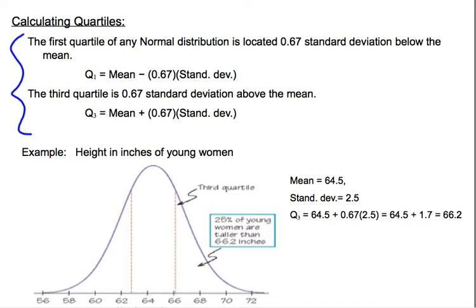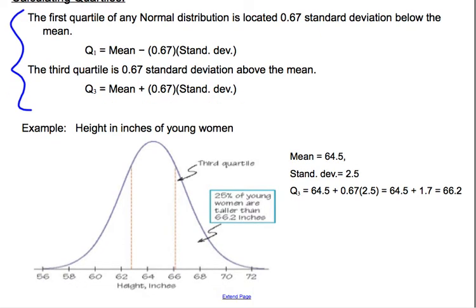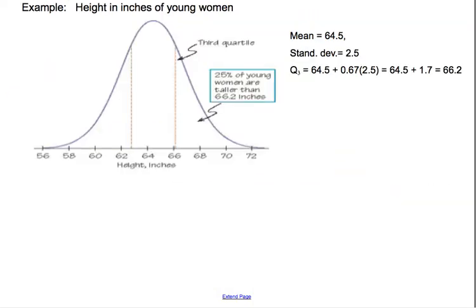Here's an example of height of women, and we notice there are some lines here already drawn, and we talk about box plots and quartiles. The middle here is what we call the mean.